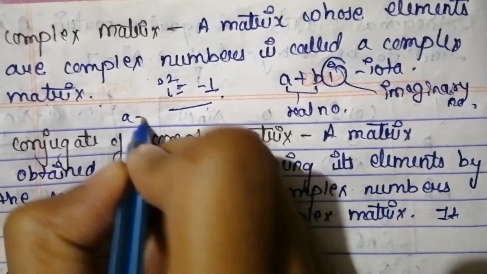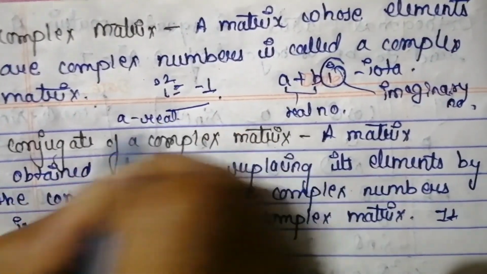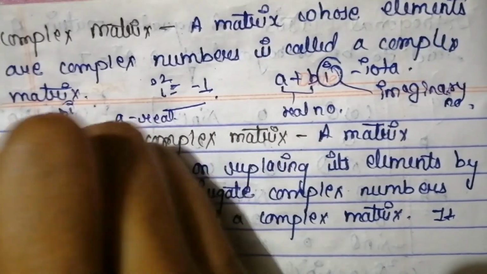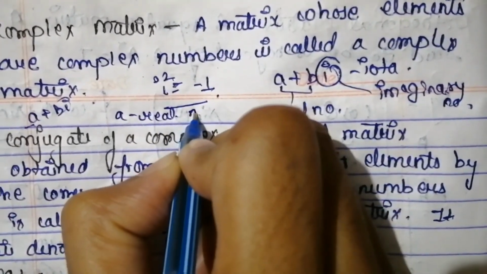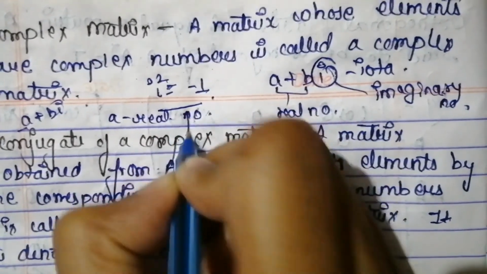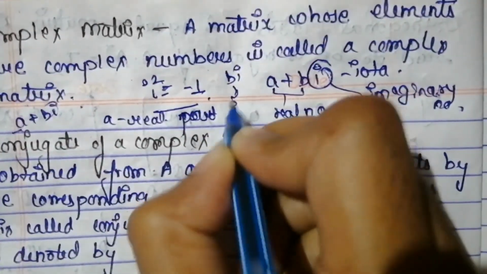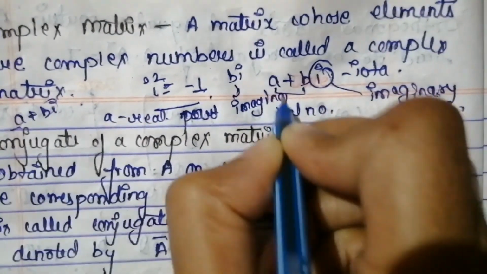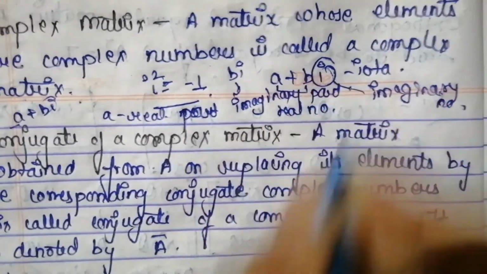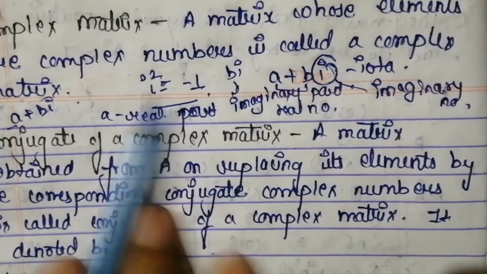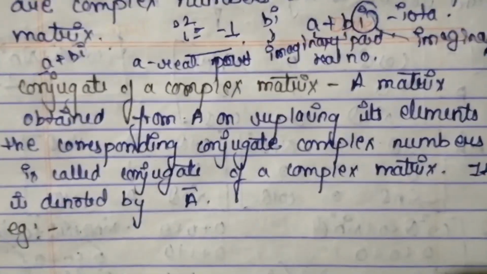So if we have a plus b iota, then a is the real part, and b iota is the imaginary part. So this is the concept of a complex matrix.